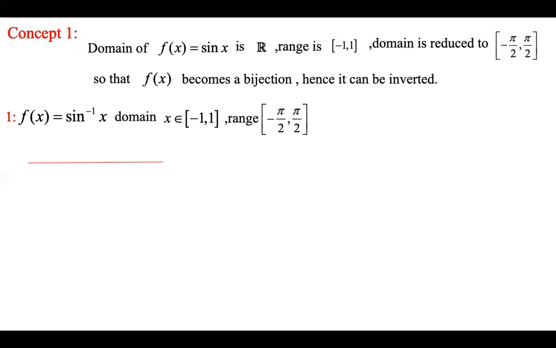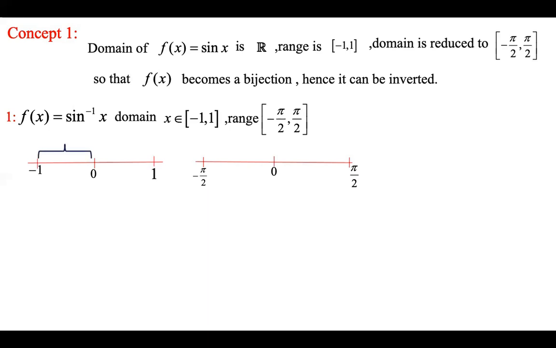Then what is the behavior of that sine inverse x? We are supposed to know that. This behavior, whatever I am showing through these diagrams, this movement, is very important for the coming days, so we need to understand it. The domain is minus 1 to plus 1, the range is minus pi by 2 to plus pi by 2. How does the function move?